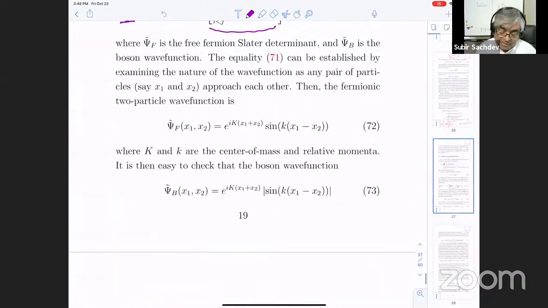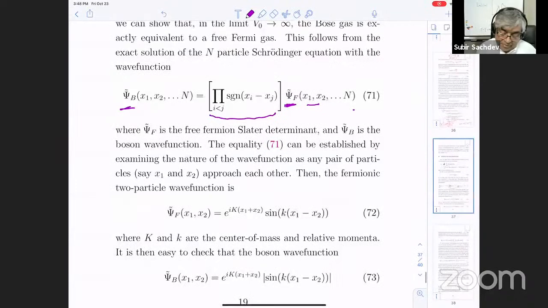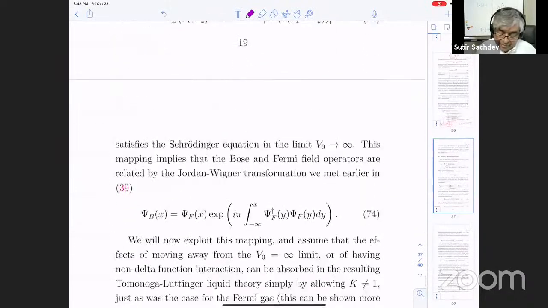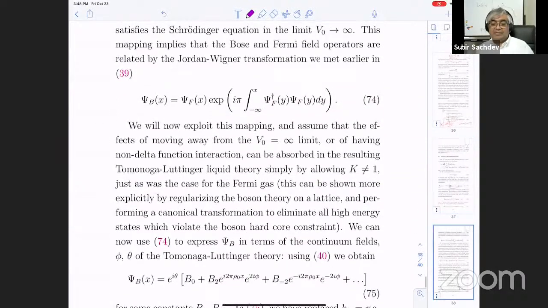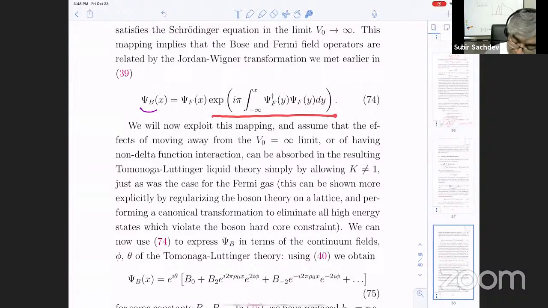And this particular transformation from one wave function to the other, you can rewrite by what's called the Jordan-Wigner transformation, where the boson field, psi b of x, is related to the fermion field by this phase factor. And this is a phase factor actually we have met before.